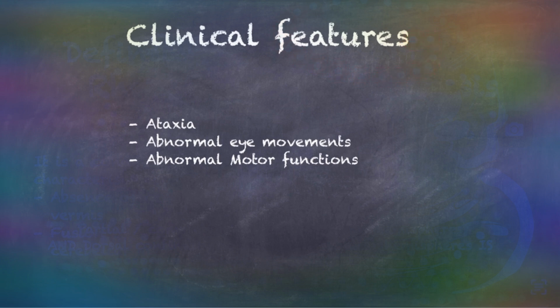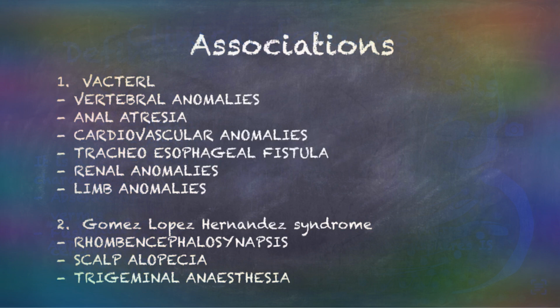Now coming to the clinical features. Since the cerebellum is pathological here, you will notice ataxia, abnormal eye movements, and abnormal motor functions as the clinical features in these patients.